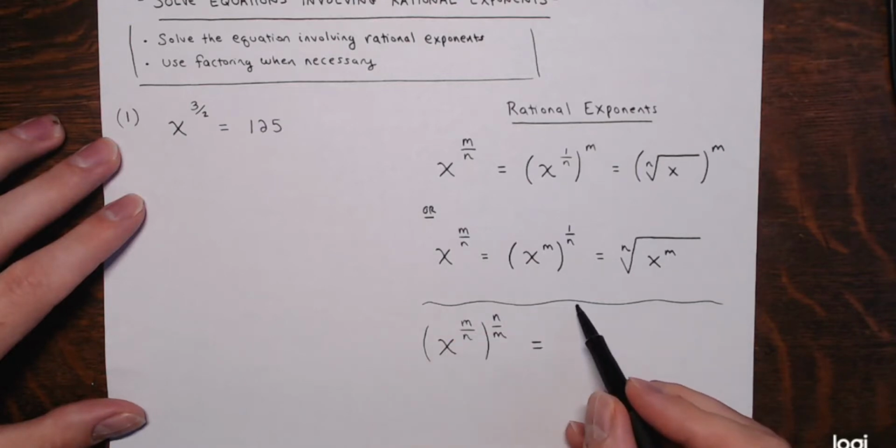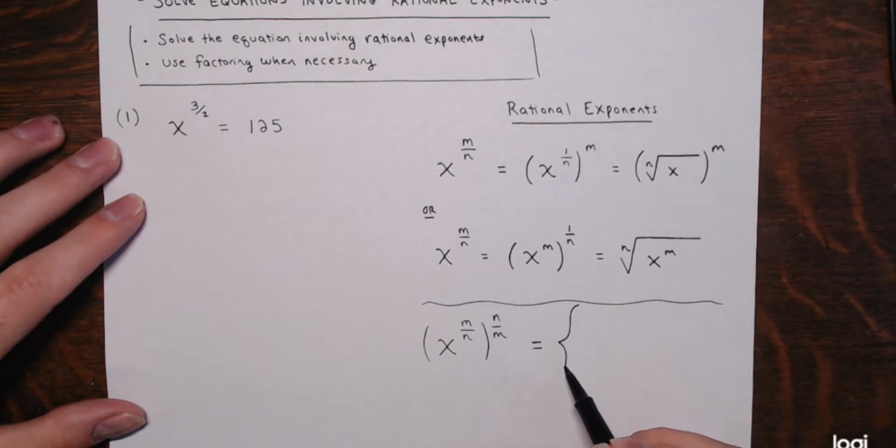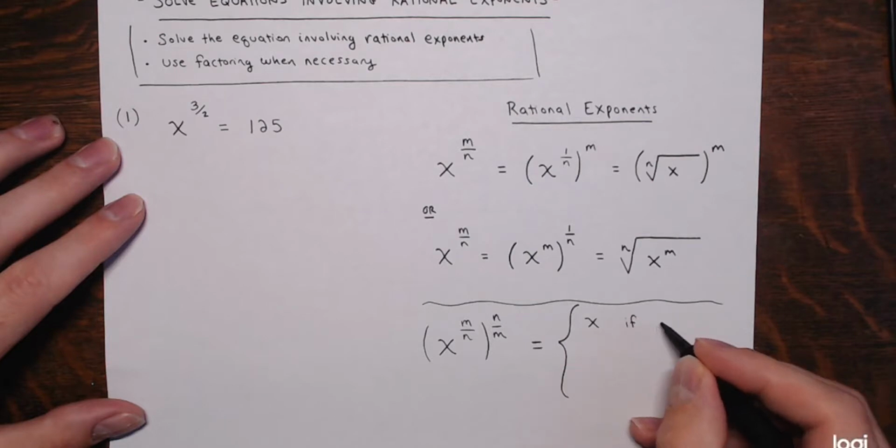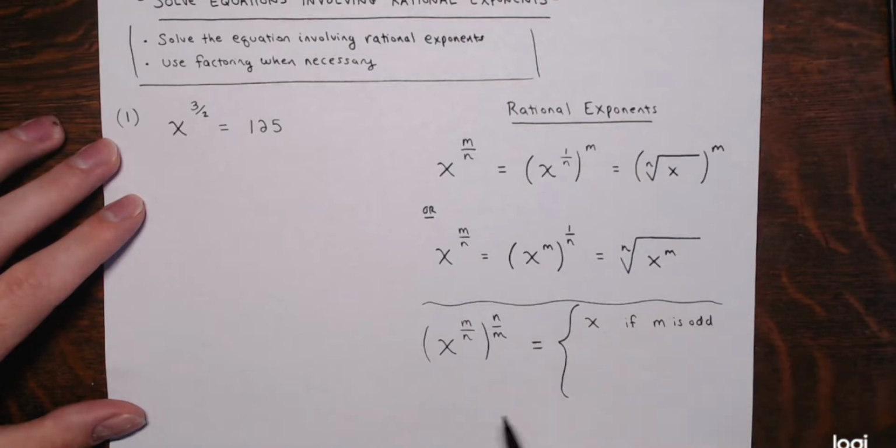So we could actually look at this in one of two ways. It's just x if m is odd. Maybe you recall this: if you were to take the mth root of x to the mth power, it was just x if you were taking an odd root of an odd power, like a cube root of a cube or fifth root of a fifth power.